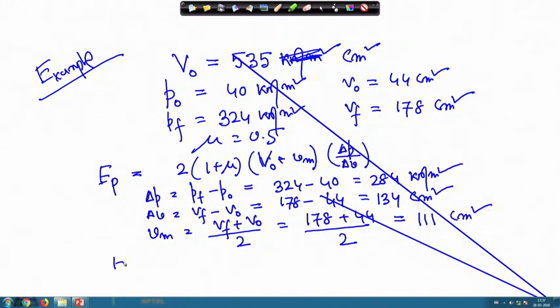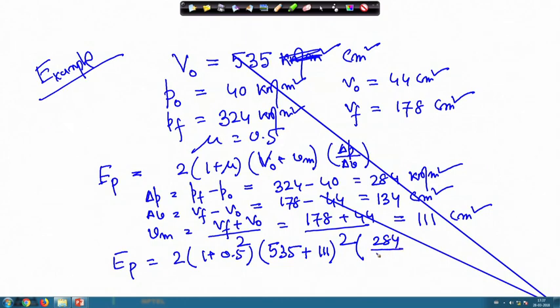So, finally, the Ep value is equal to 2 into 1 plus 0.5 into, capital V is 535, then vm is 111, then delta P is 284, divided by 134.